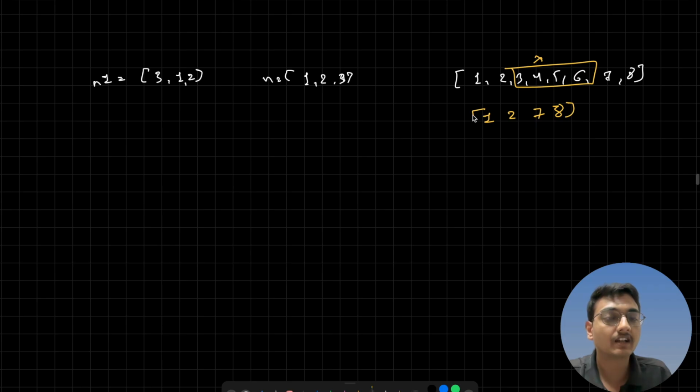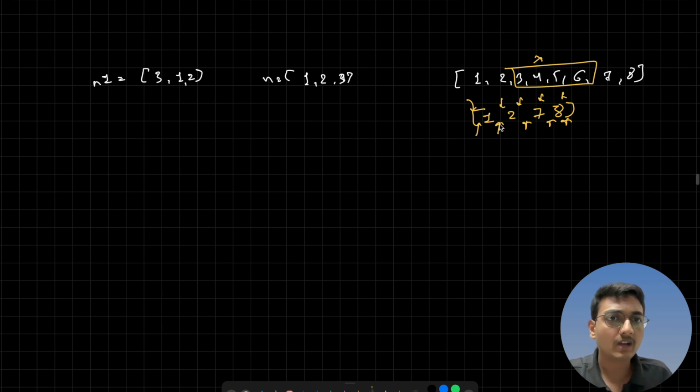Now I can put this subarray, these numbers, in any place, either here or here or here. I can't put individual elements, but the whole part I can take and put it anywhere. This is basically the operation which is allowed.